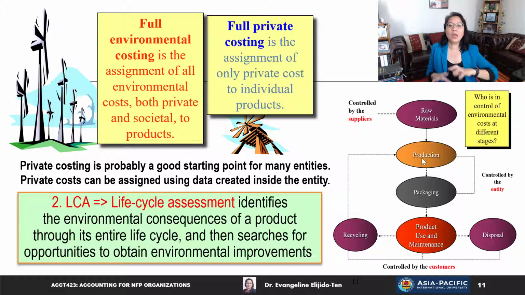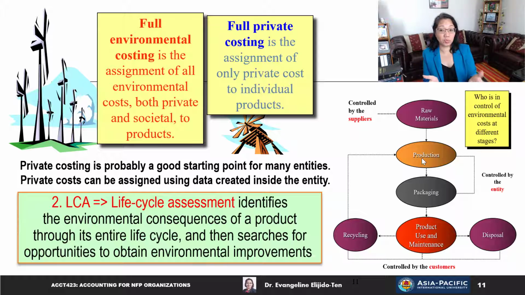All right. Now, once they have produced the product and chosen what sort of materials they will use for the packaging and all that, these will go to their customers, it will be sold, and then once it's sold, that product is now under the control of their customers. Now, at the end of the life of the product, the customers have a choice whether to recycle or to have the product disposed of.